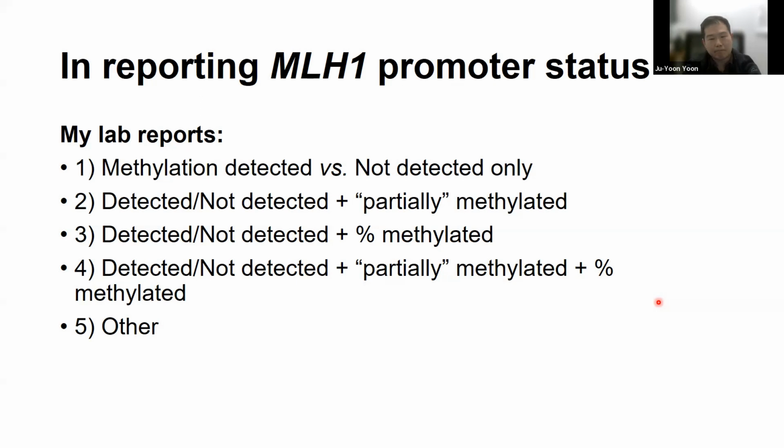But for MLH1, I'm guessing no one here reports out as partially methylated. I'm not sure if that means anything. So I think one is probably the most common practice, and certainly the one that I'm used to on the receiving end, but I'm also interested in knowing what people do in other labs.